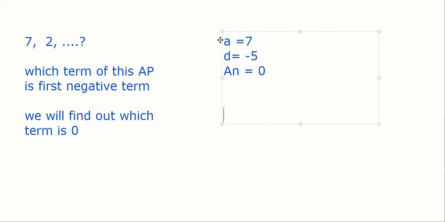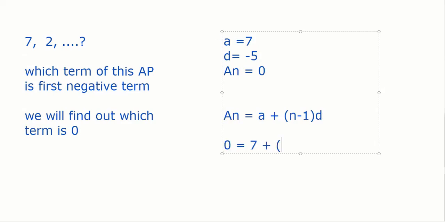We are again putting the formula an equal to a plus (n minus 1) d. The answer is visible, but to verify how it works: an is 0, a is 7, and d is -5, right everybody?